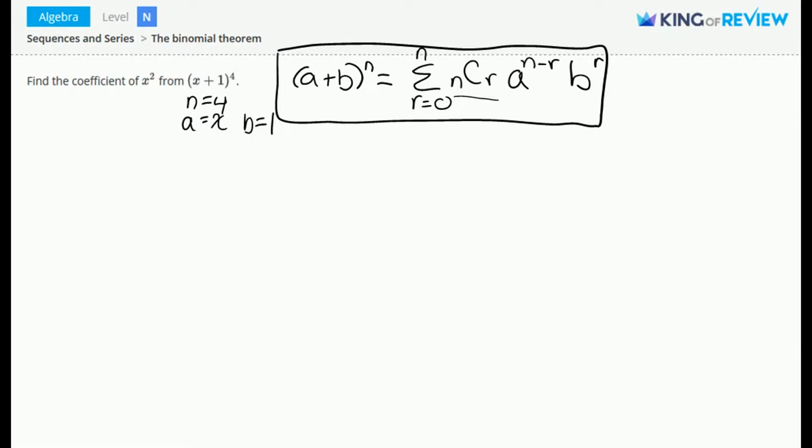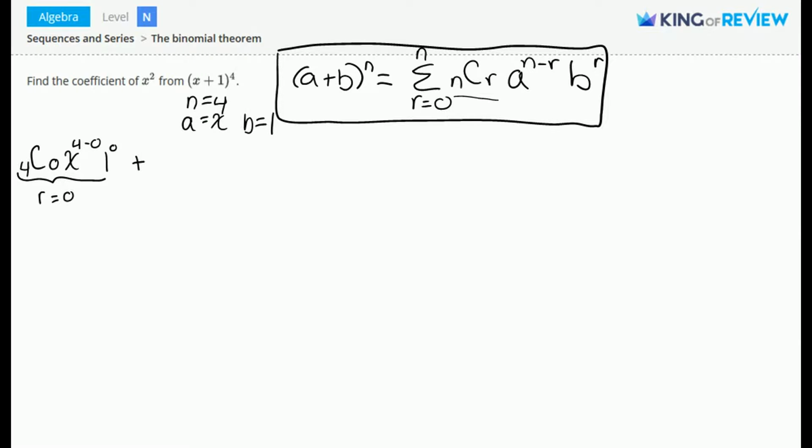So when r is equal to 0, here, we're going to get 4C0 times x to the 4 minus 0 times 1 to the 0.